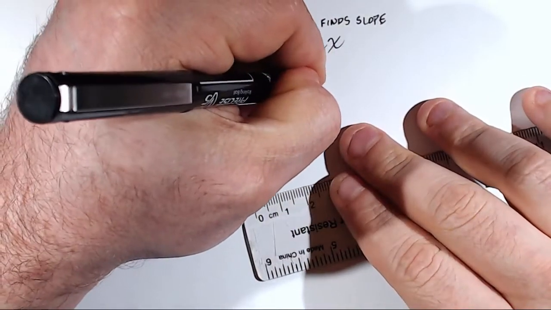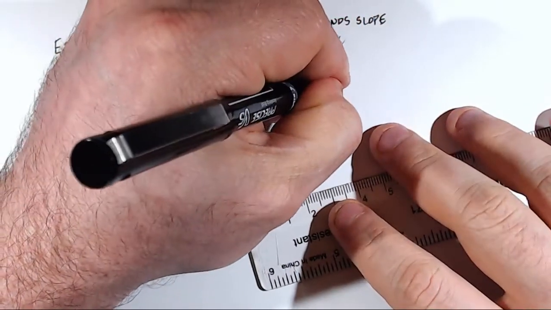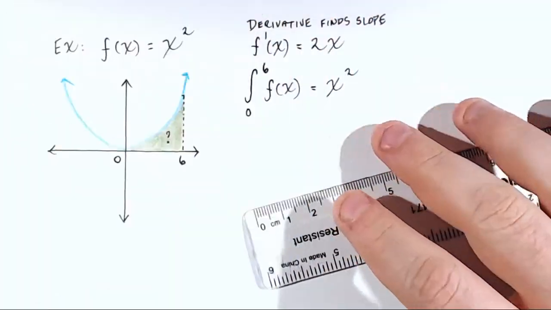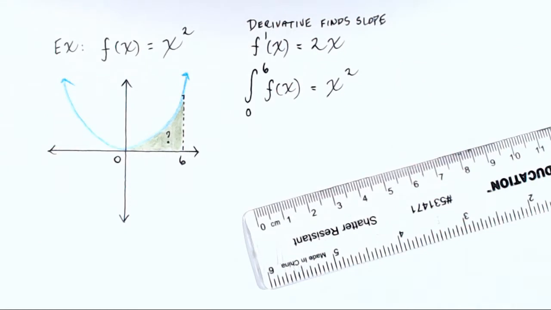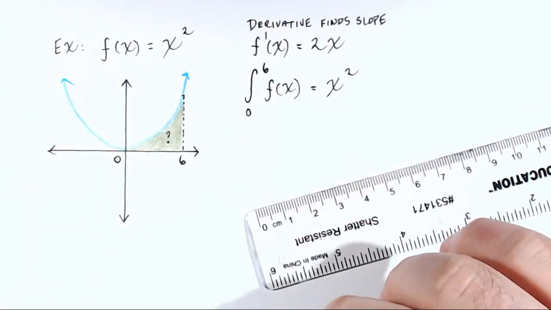Well, what we do is we kind of do the opposite of what we did with the derivative. So again, let's put x squared here and see what we need to do. So we have to kind of go in reverse from what we did before.